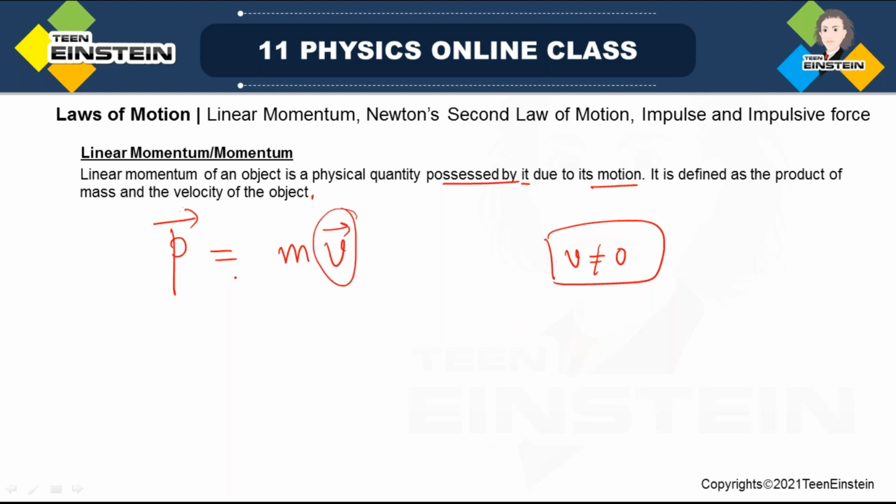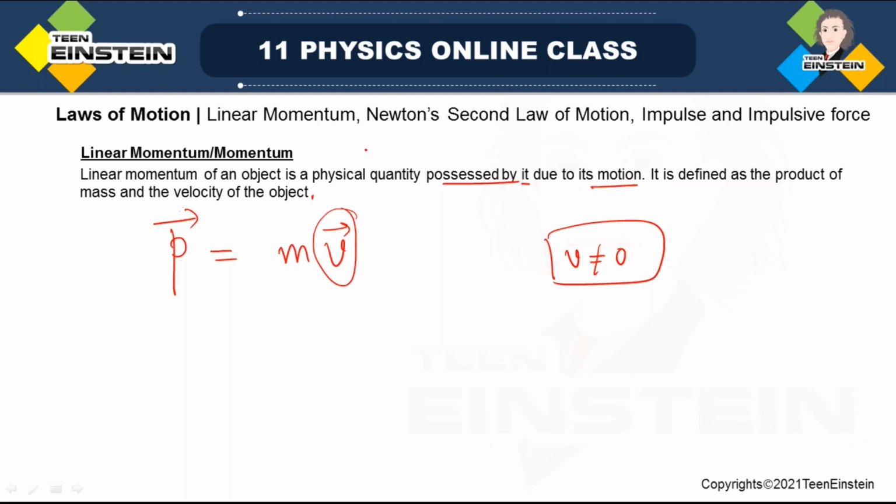Since velocity is a vector quantity, any vector quantity if you multiply with any scalar or constant quantity, that product also will become a vector quantity. That's why linear momentum is a vector quantity. Sometimes it is called simply momentum. Why am I saying this as linear momentum? Because there is something called angular momentum also, that we'll learn in the 7th chapter.